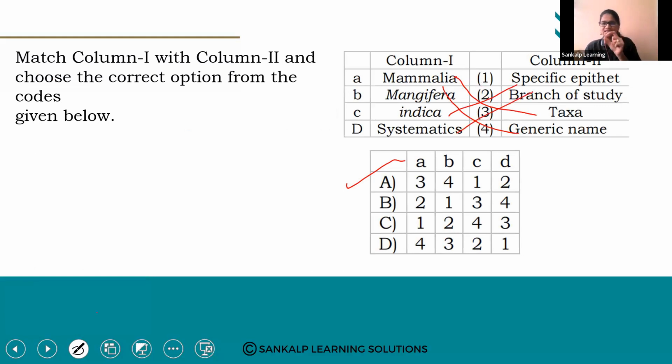So A is 3, B is 4, C is 1, D is 2. Yes, YouTube students. Shivappa Kattimani, Chaitanya, Darshini Gowda answered here on YouTube. So option A is the right answer here.